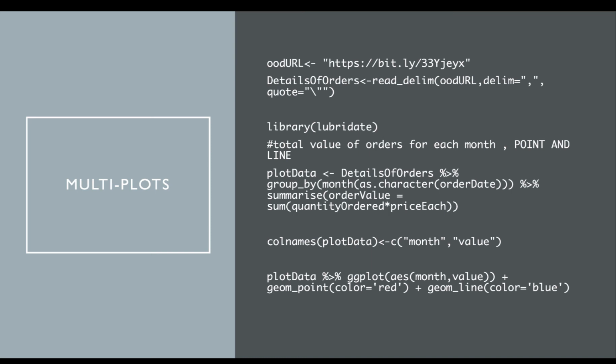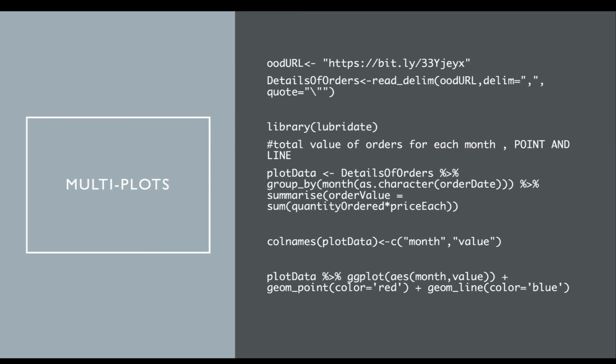One of the other features that are possible in ggplot is to use multiple different types of plots in the same visualization. In this case, details of orders is read into the data frame details of orders.